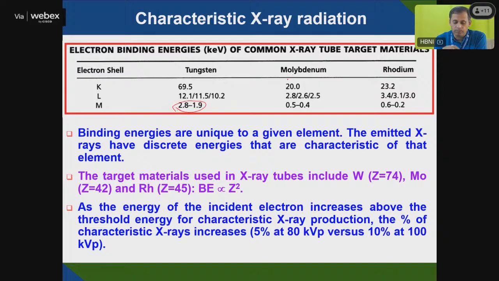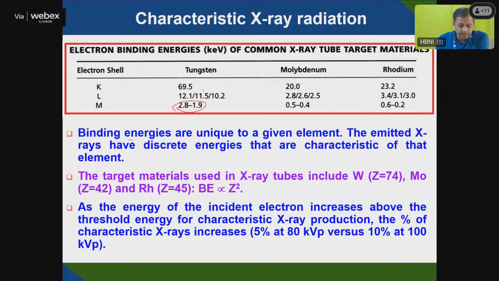Generally you use tungsten, but molybdenum can also be used in an X-ray tube, and rhodium too; their electron binding energies are different. So binding energies are unique to a given element. If you see tungsten, molybdenum, rhodium, the binding energies are different.